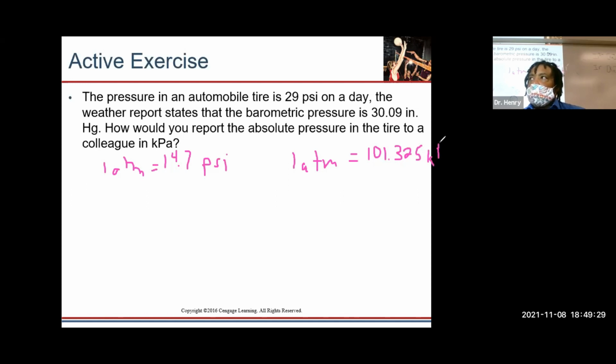Okay, yay. Okay, and what else do we know? .29 PSI. Okay.